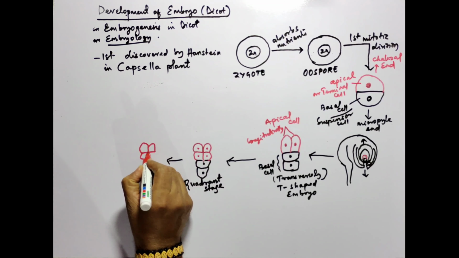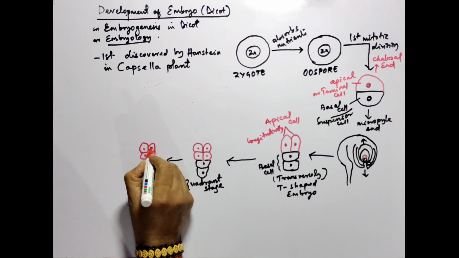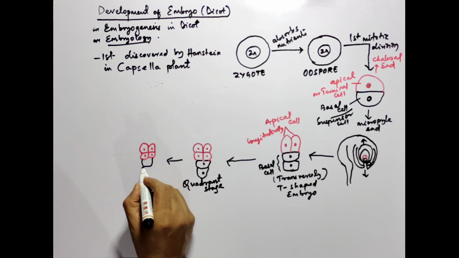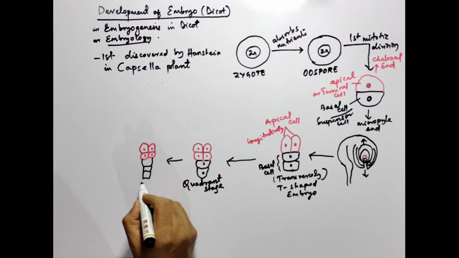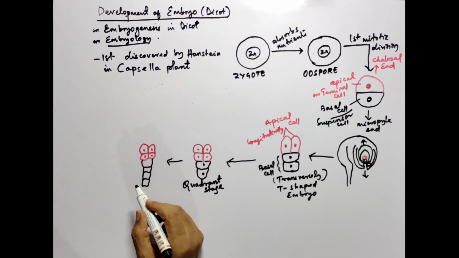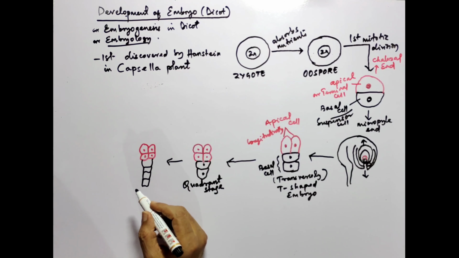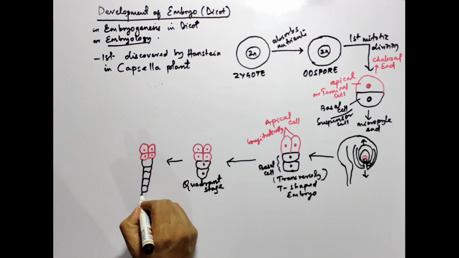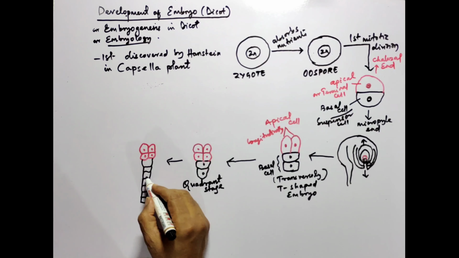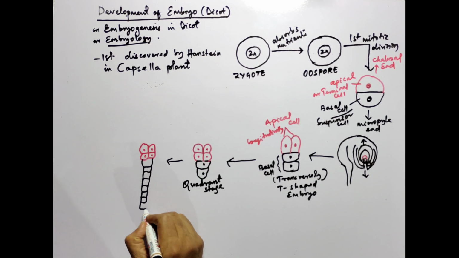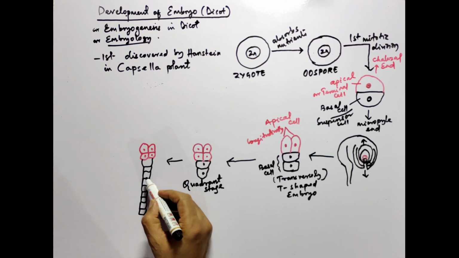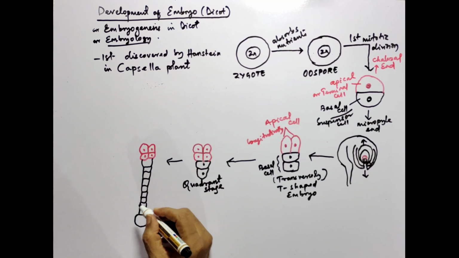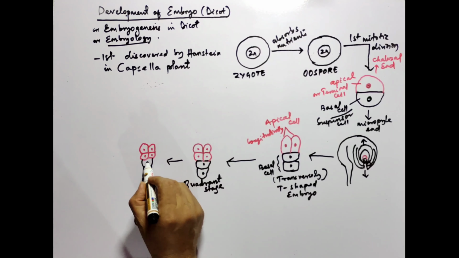Basal cells, this remains as such, and the basal cells divide further to form 6 to 10 numbers of suspensor.